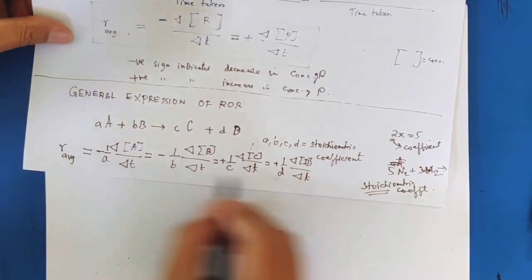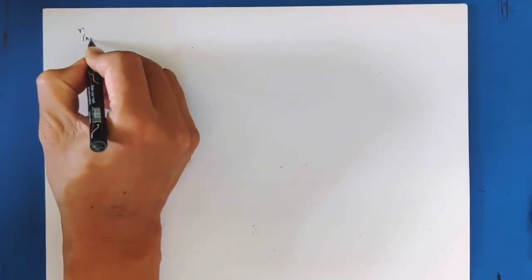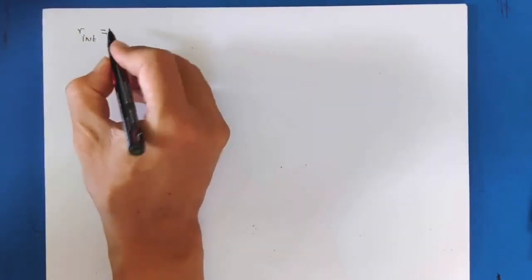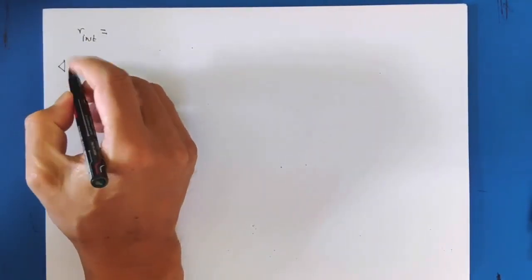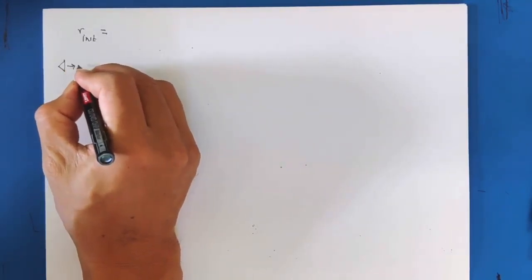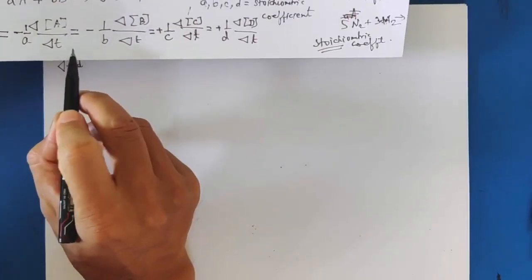For instantaneous rate of reactions, you change del to small d. Instantaneous is at that moment of time, say the time at 5 seconds.